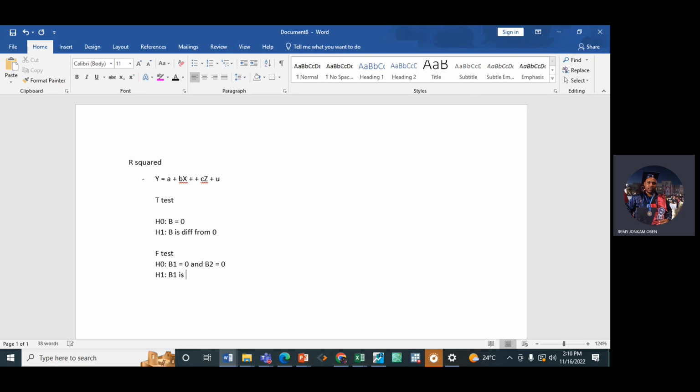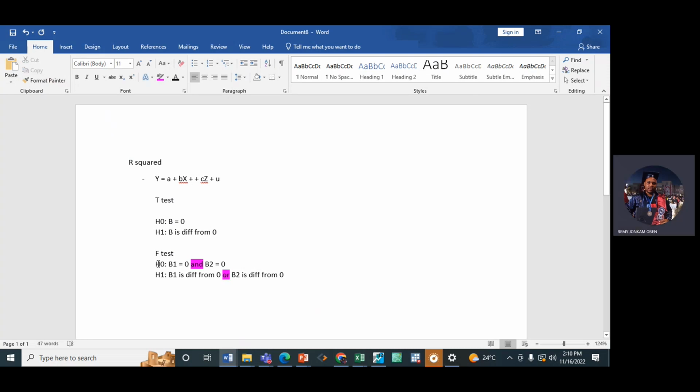Beta 1 is different from 0, or beta 2 is different from 0. People always get confused here. Here is "and", here is "or". You have to be careful.